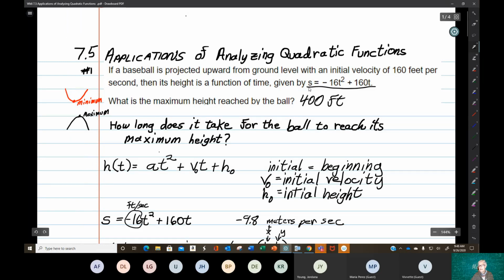So how to do this? In these, you're always going to be given the formula after a lot of verbiage explaining what the formula is. So remember, you have to find h before you can find the maximum height.